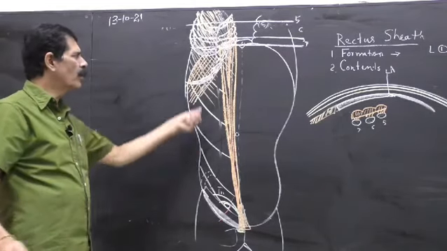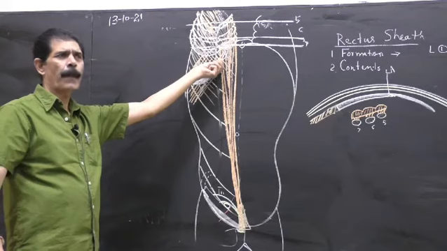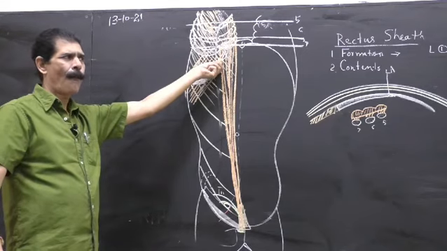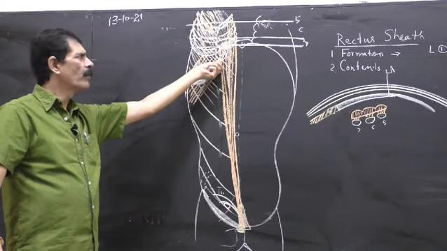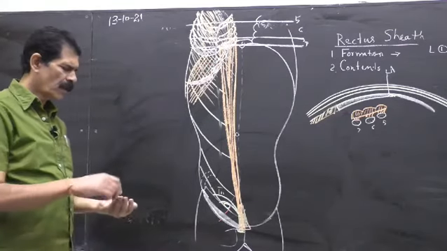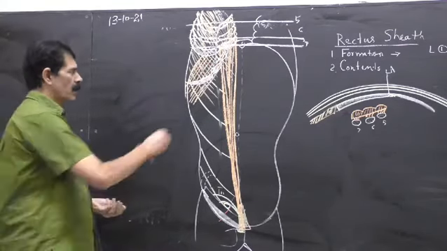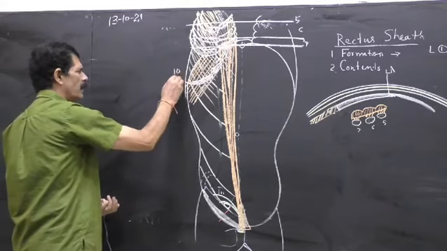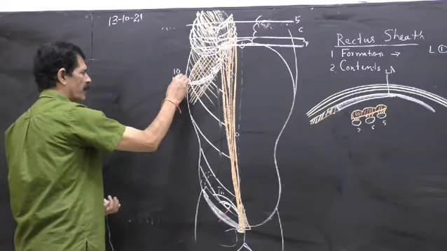So it goes below, so it can't reach up to here. So only the aponeurosis will be reached, because the internal oblique insertion is on the 10th, 11th and 12th ribs.